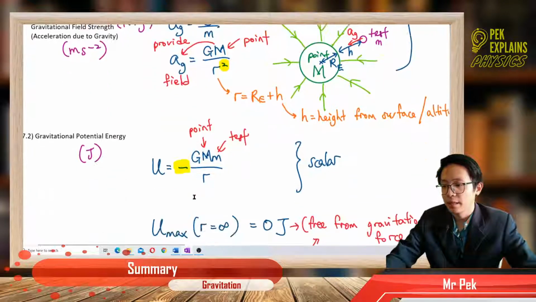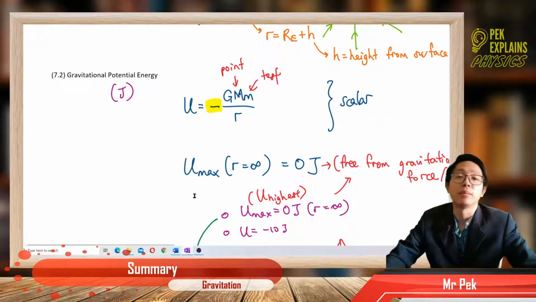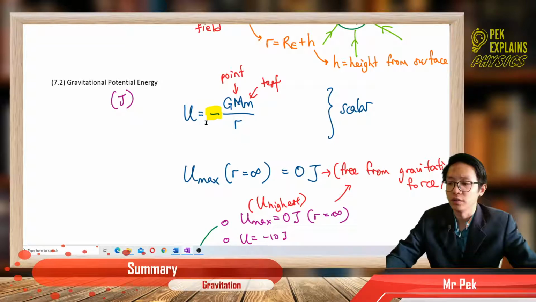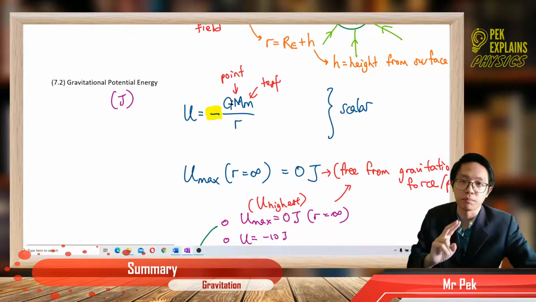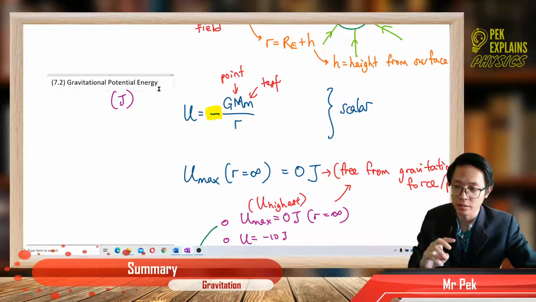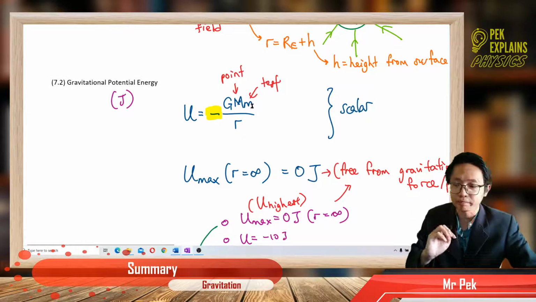Good. Now, let us go to gravitational potential energy. The formula is U equal to negative GMm over r. So potential energy also depends on two masses. You must have two masses, then only you have gravitational potential energy on the test mass.